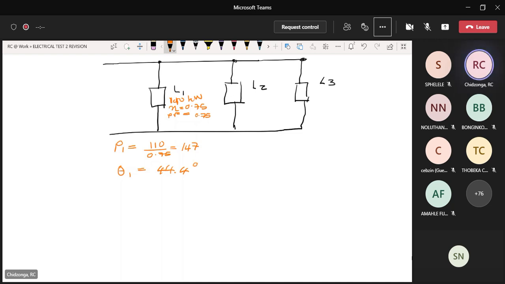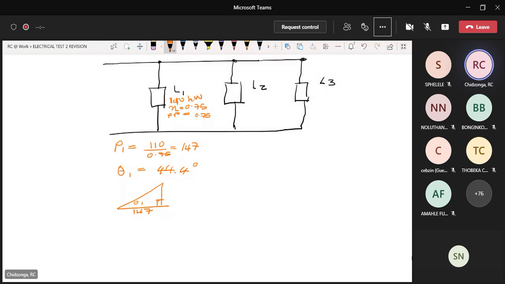Now, this is P, and you know this is the power factor. You can go back to the power triangle, though you can actually do this in your head without drawing. I'm just drawing. So this is theta 1, and this is 147.